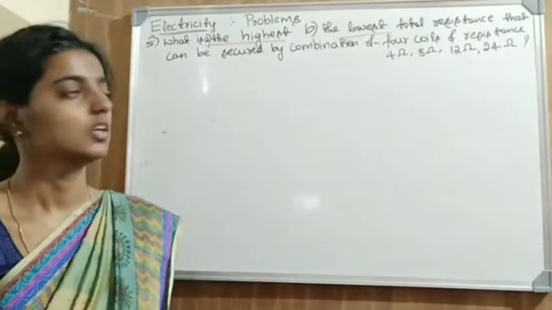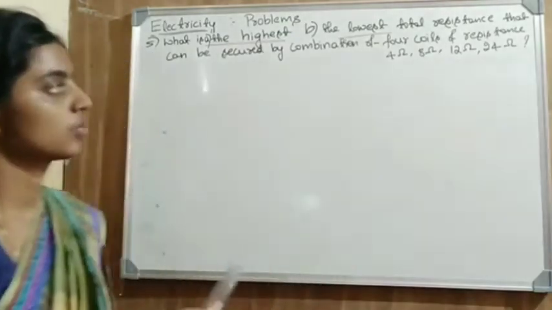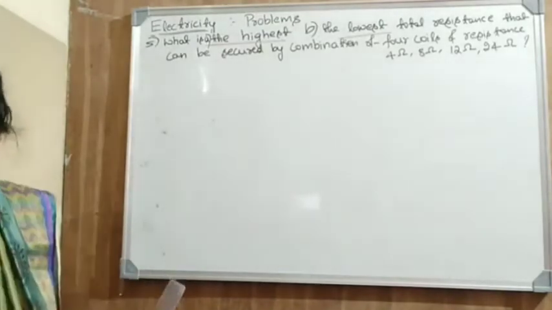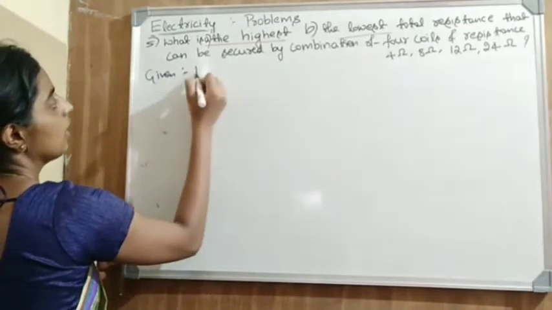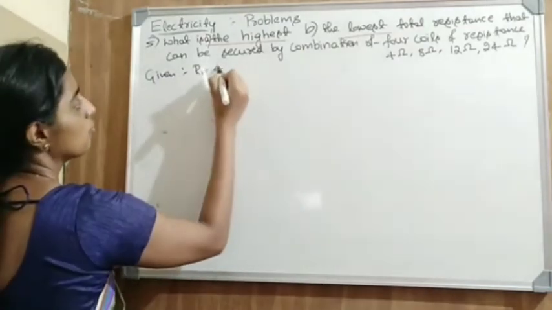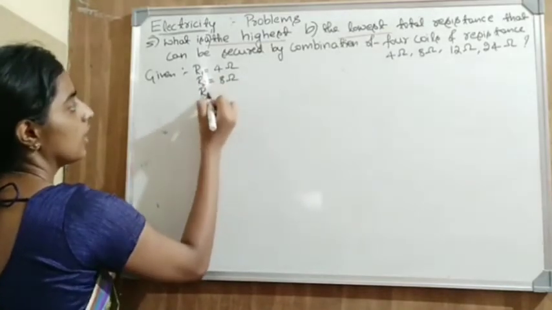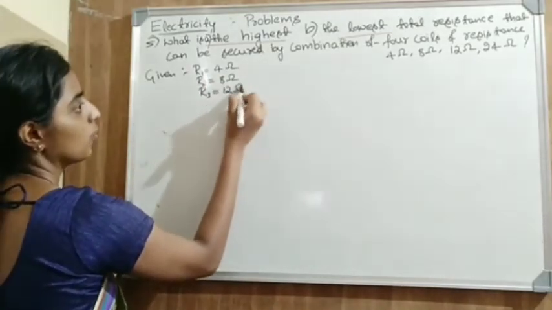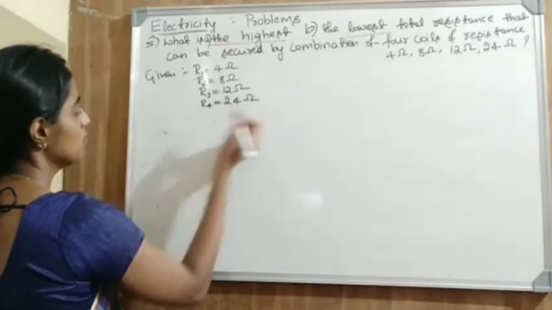First we will solve resistors connected in series. These are our resistances, so write down what is given. R1 is 4 ohm, R2 is 8 ohm, R3 is 12 ohm, R4 is 24 ohm.